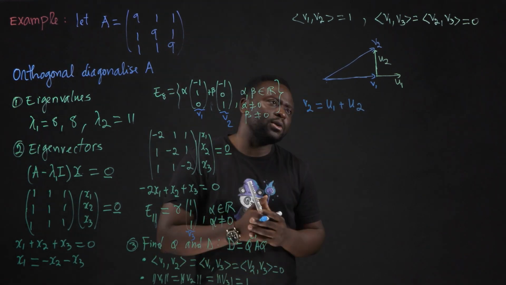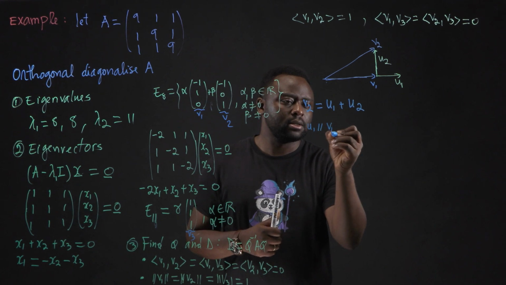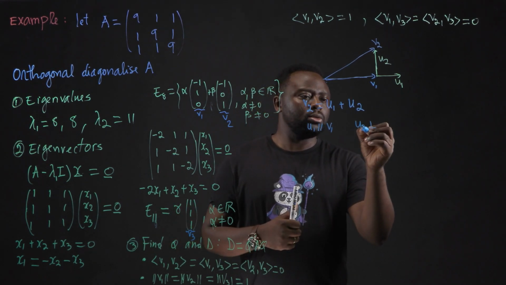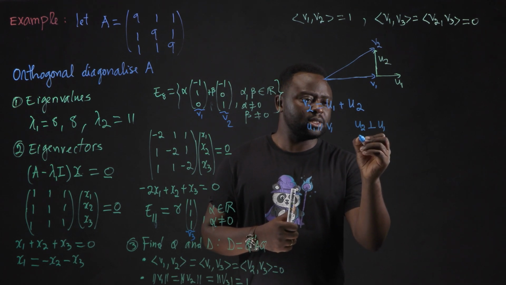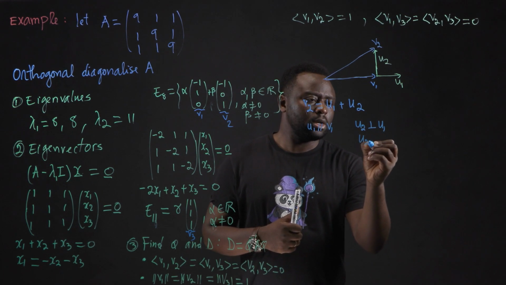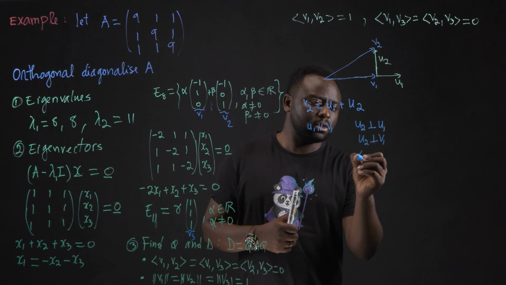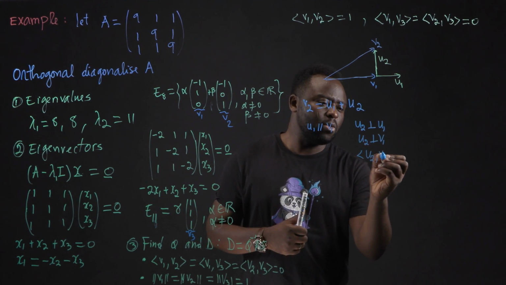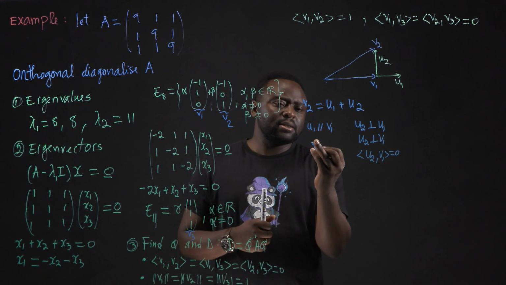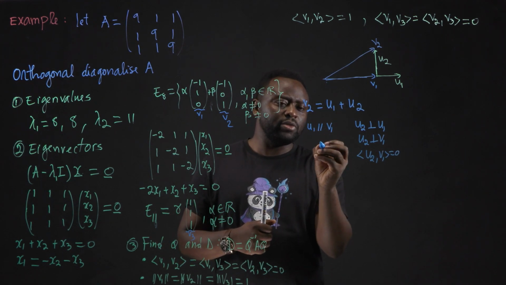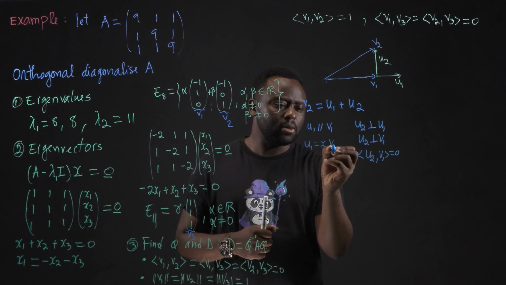All right, from this graph, U1 is parallel to V1, and U2 is orthogonal to U1, or you can just say U2 is orthogonal to V1. So this also means that U2 dot V1 is equal 0. And here, given that U1 is parallel to V1, U1 is equal X times V1.